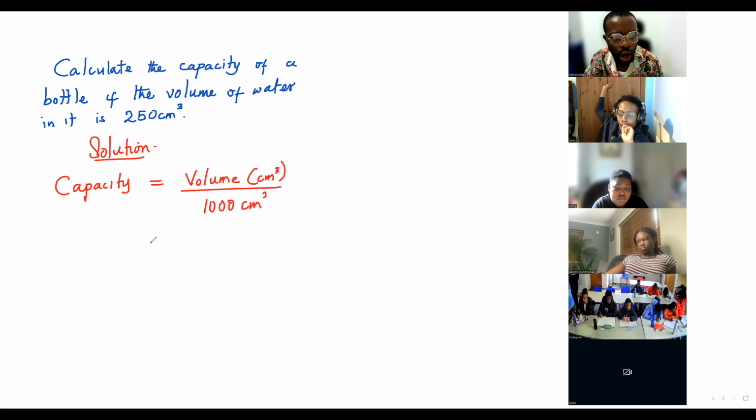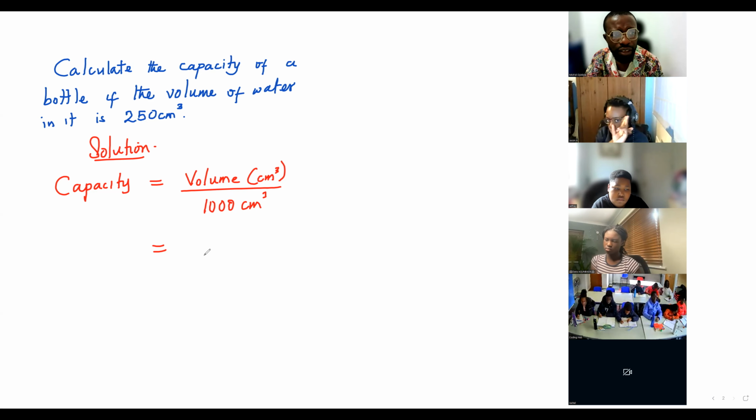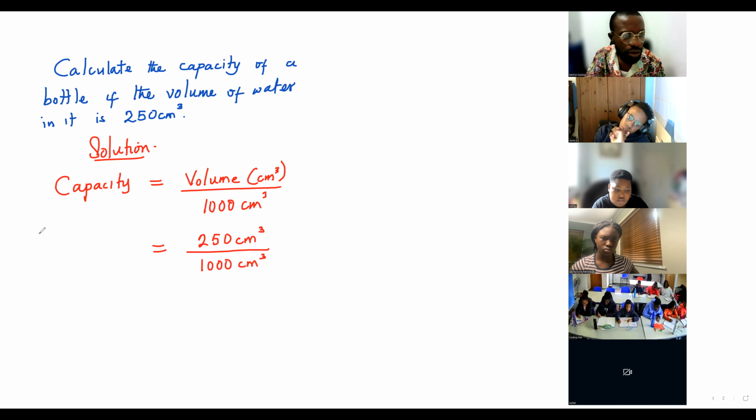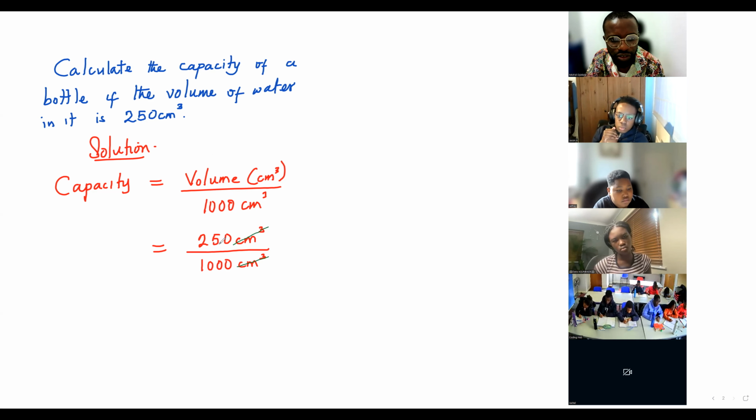All right? So, we want to find the capacity of this bottle now. That would be the volume of the water, which is 250 cm3 divided by 1000 cm3. Mathematically, cm3 gets rid of cm3, 0 gets rid of 0. If you divide this by 25, this is 1/4.